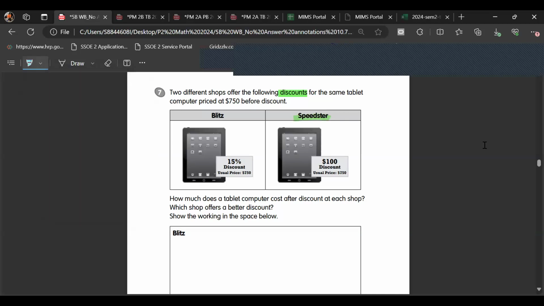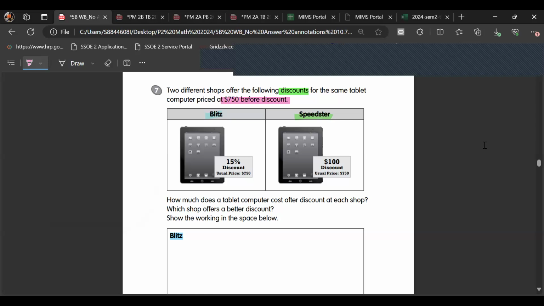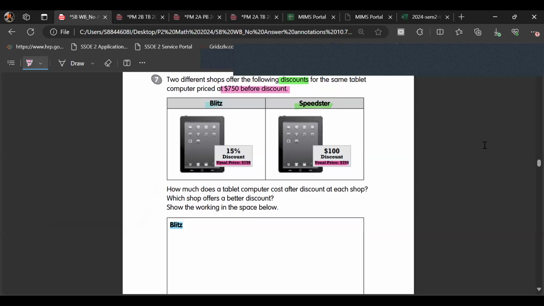But both of them have the same original price, 750. They try to challenge you to decide which one to buy from. At one look, you realize that it's not so easy to choose. You need to see which shop offers a better discount.